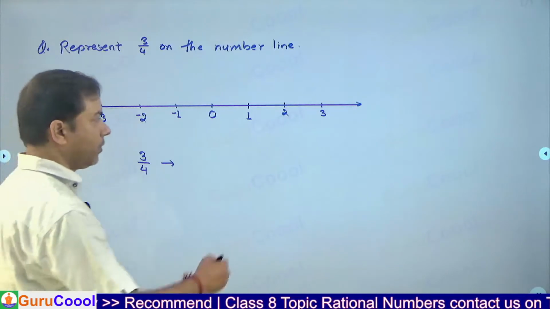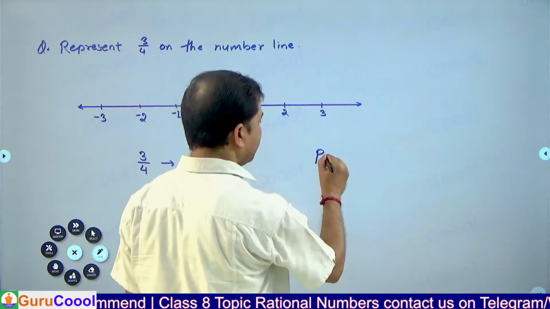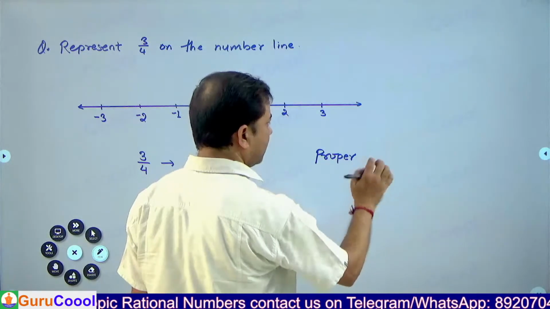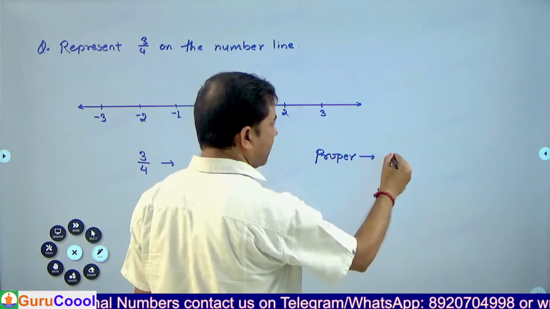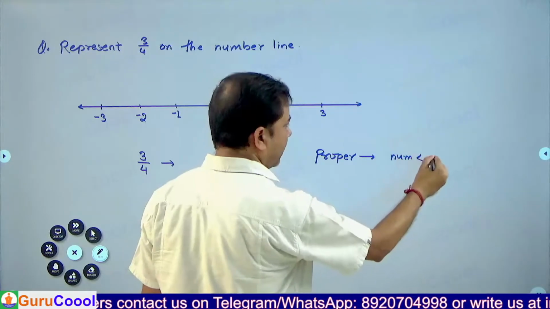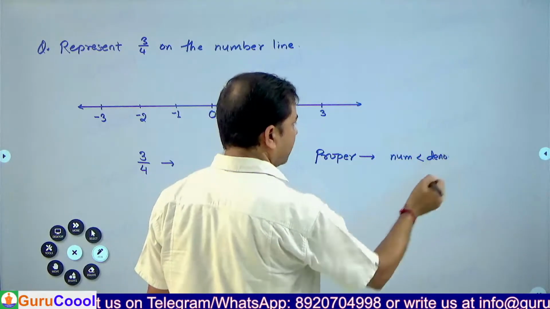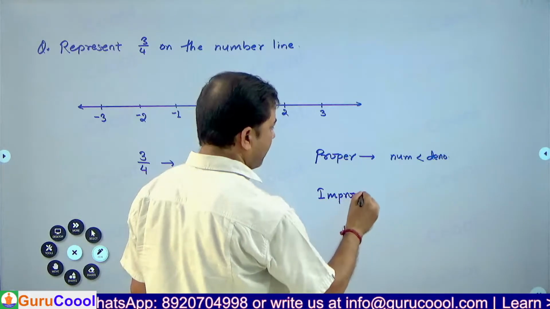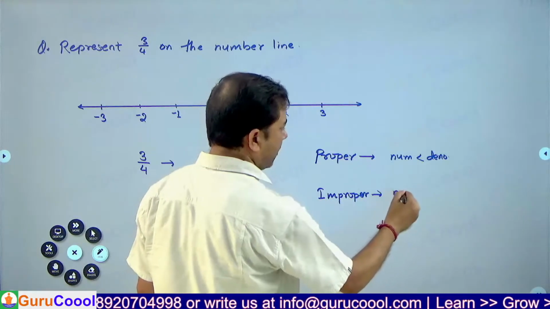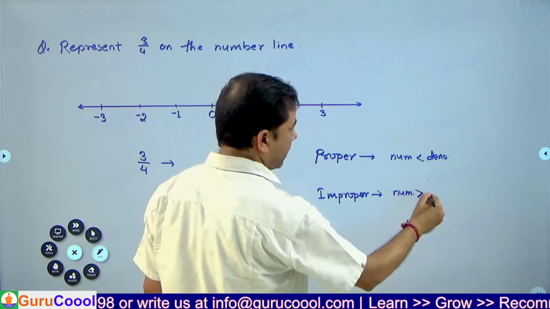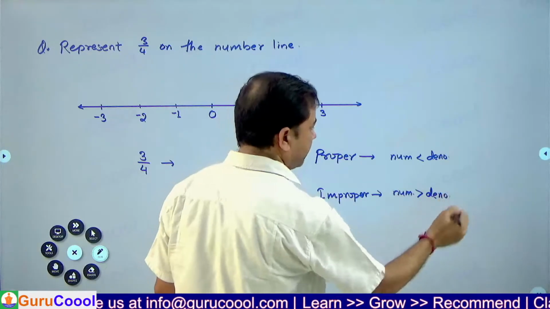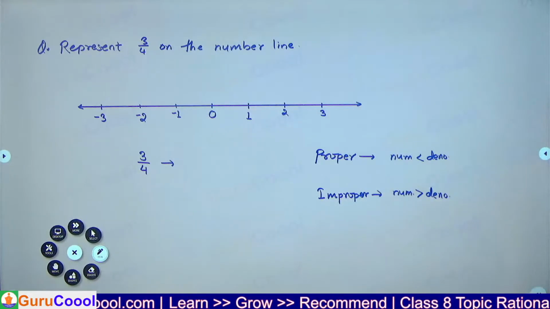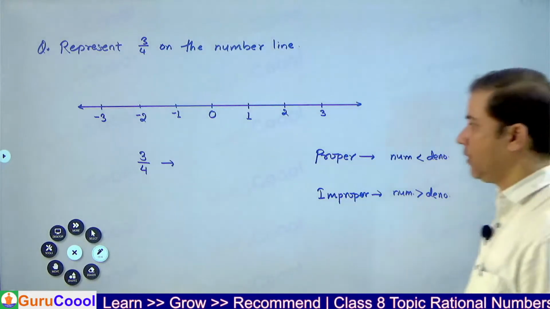Very poor performance. A rational number is proper when the numerator is smaller than the denominator, and it is improper when it is the opposite, numerator greater than denominator. You have very poor memory.